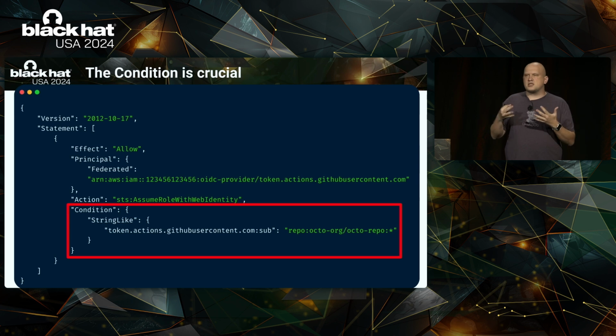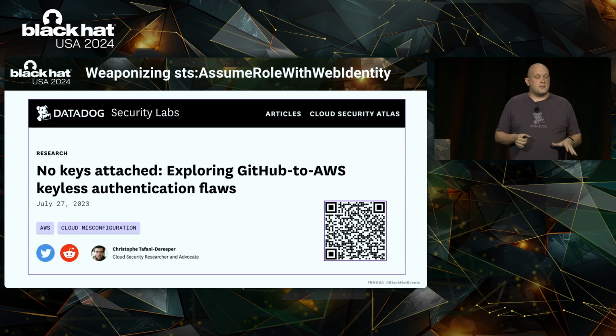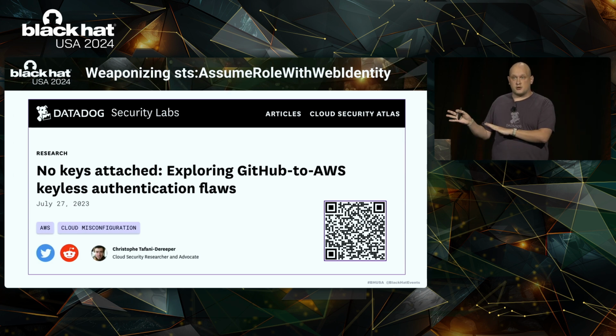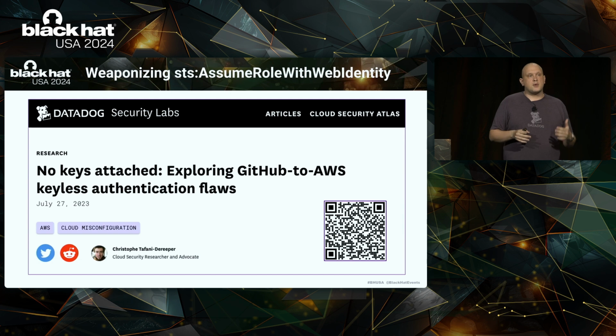To continue using GitHub Actions as an example, you need to restrict which GitHub organization or which GitHub repo is allowed to assume the role. Now, the attack I just described was very much in vogue last year. A number of security researchers, including my own colleague Christoph, identified this potential misconfiguration and sounded the alarm about it. If you'd like to learn more, we have a blog post with a ton of additional details.